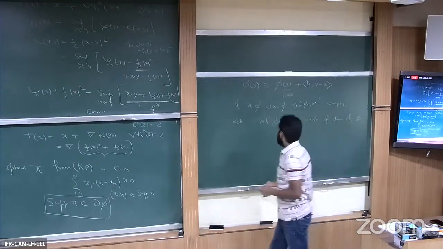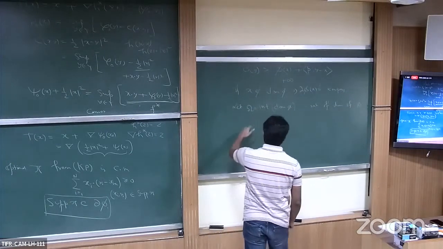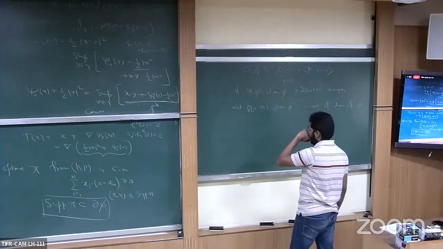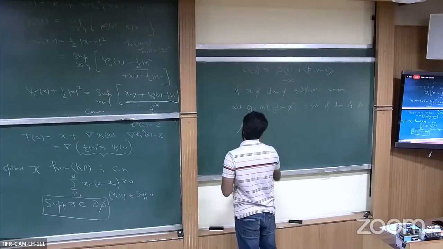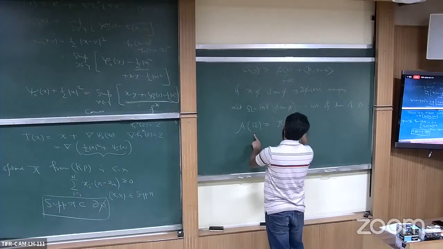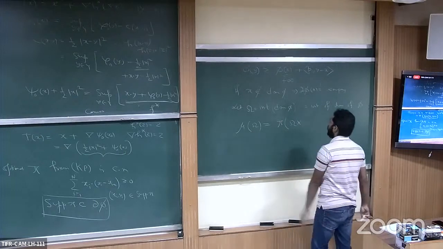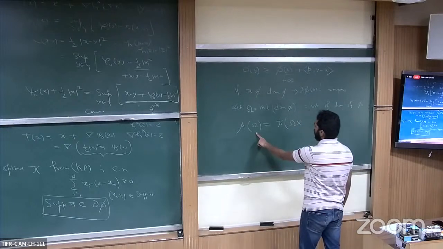So let us denote the interior of the domain of phi by omega. Now let us compute mu of omega.